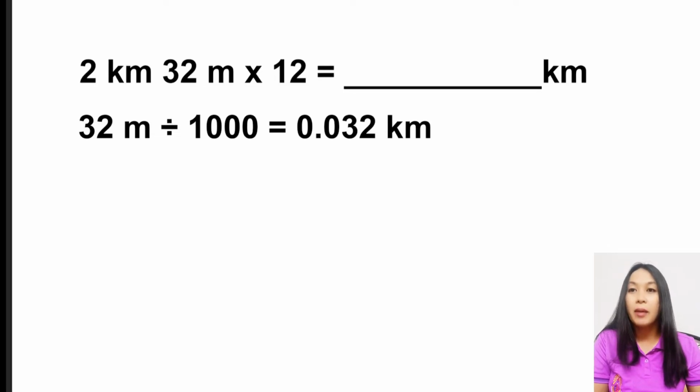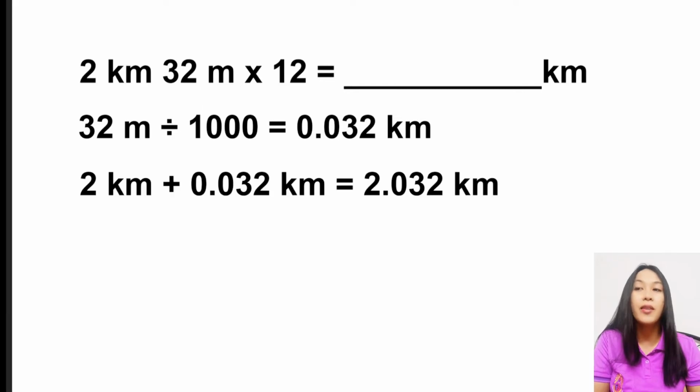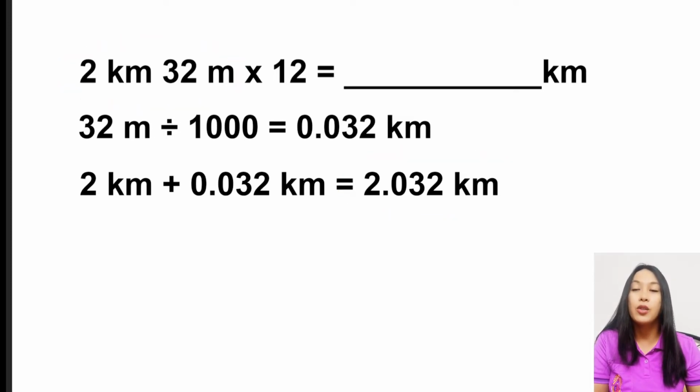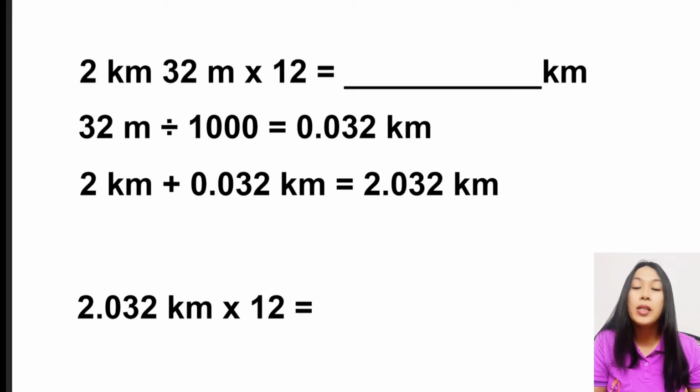The next step is to add 2 kilometers and 0.032 kilometers together, and we should get an answer of 2.032 kilometers.